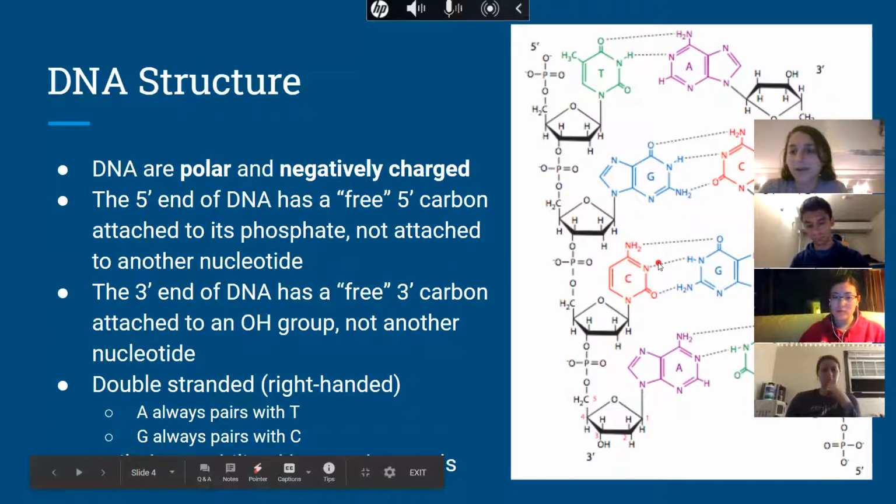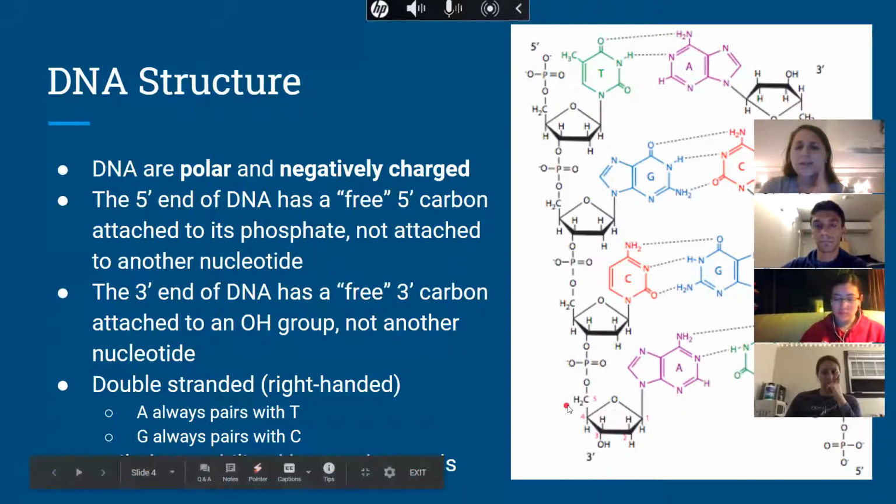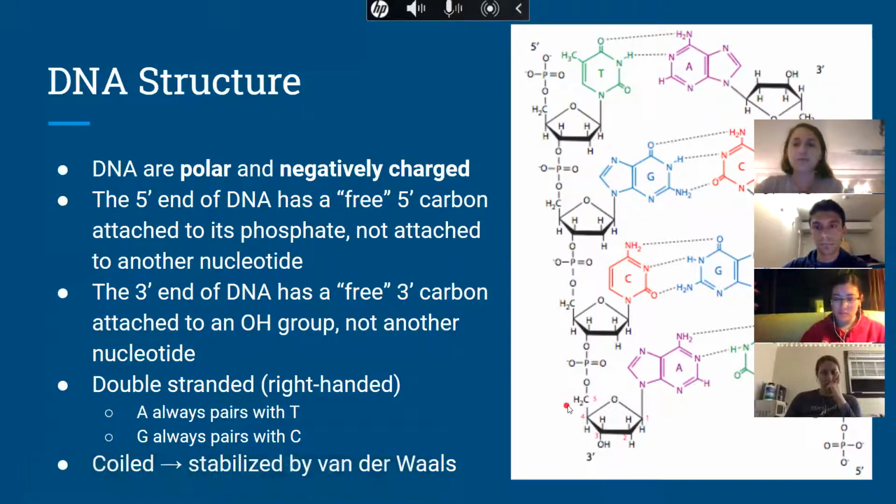As you've probably known from your many biology classes, A always pairs with T, A pairs with U in RNA, and G always pairs with C. DNA is coiled, and that's stabilized by van der Waals interactions between, I don't know, is it the nucleotides? It's very tightly coiled before replication, which we're going to talk about in a minute. When it's tightly coiled, I think the van der Waals interactions are up and down, but I'm not entirely sure.